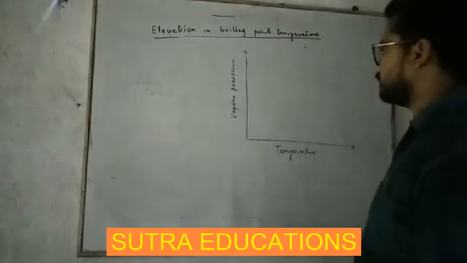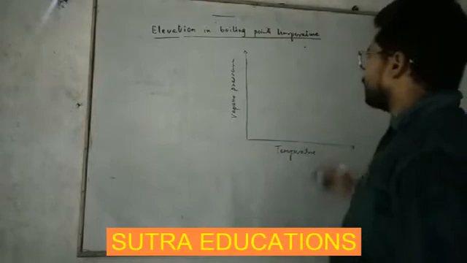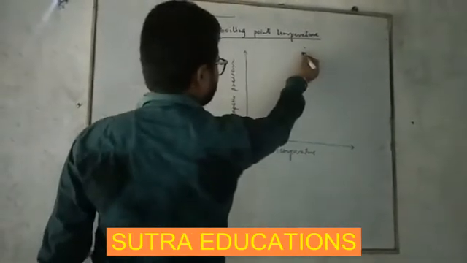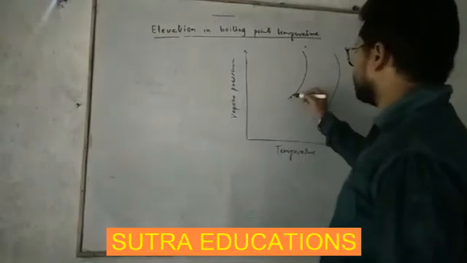I am going to take one solvent and then a solution, graph of a solvent and a solution. Say it is like this. Say this is AB.